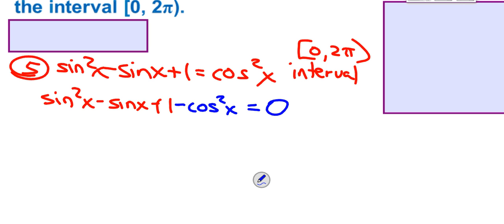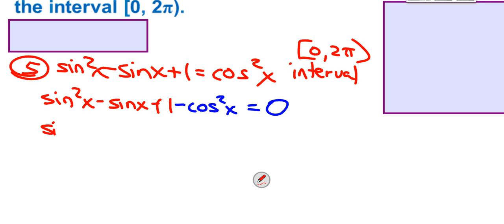But I can change cosine squared into something, right? What is cosine squared equal to? 1 minus sine squared on my note card. Do we agree with that? And so I'm going to substitute that in.